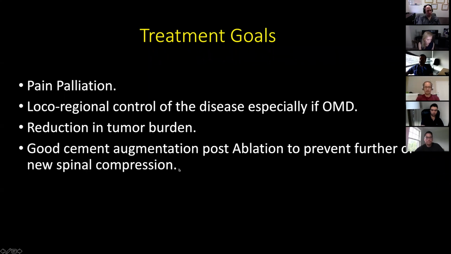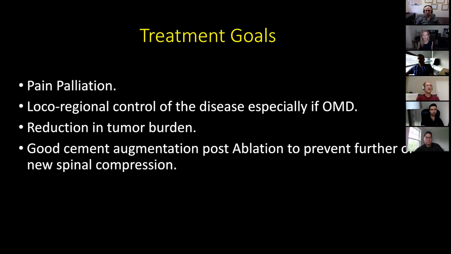And one thing, for people who really want to do this, you have to make sure that you have a way of putting in cement after you have ablated, especially in a weight-bearing bone. Because if you do not put cement in, data has shown that that vertebra will collapse within 3 months.